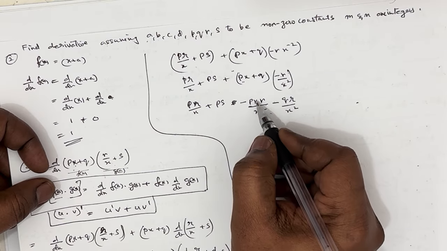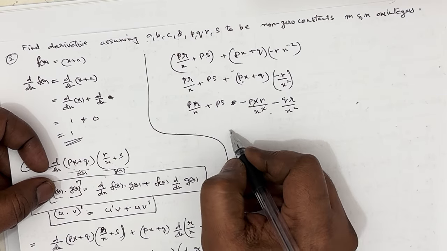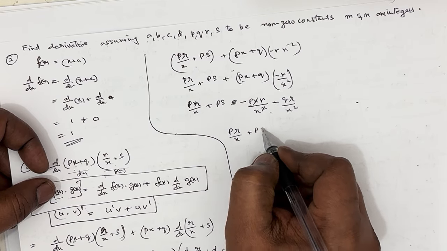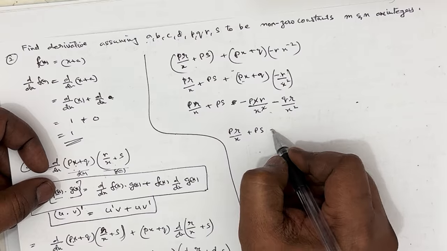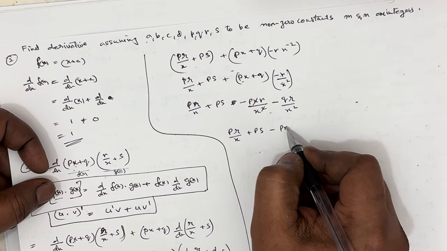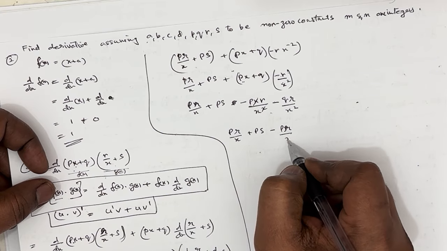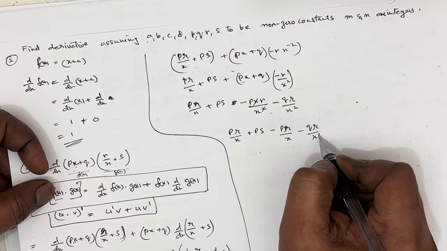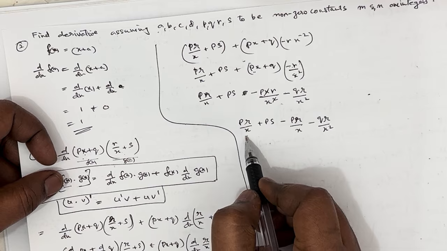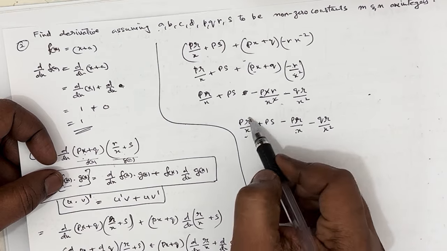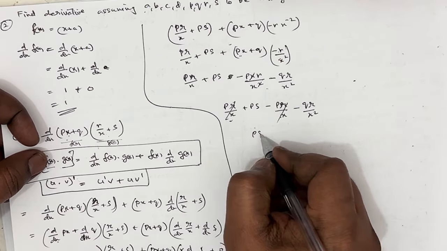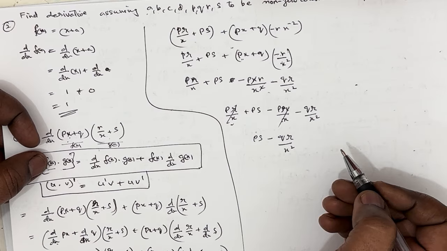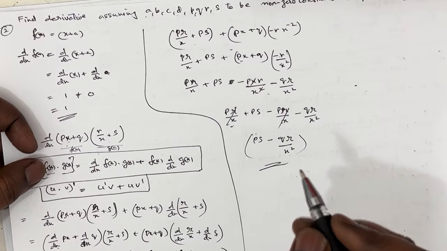You see here one x and one x go, so this becomes pr upon x plus ps minus pr upon x minus qr upon x square. Now you see positive pr by x and negative pr by x both go, and you have ps minus qr upon x square. Hope this is the answer. Let's see.